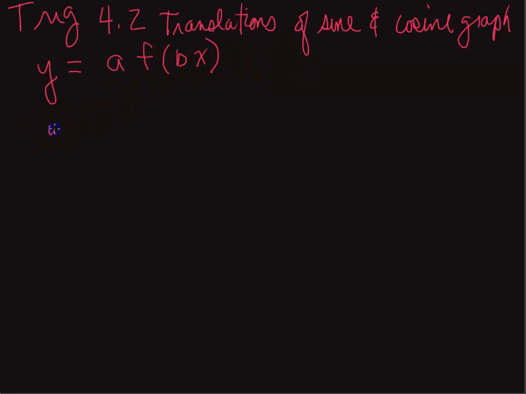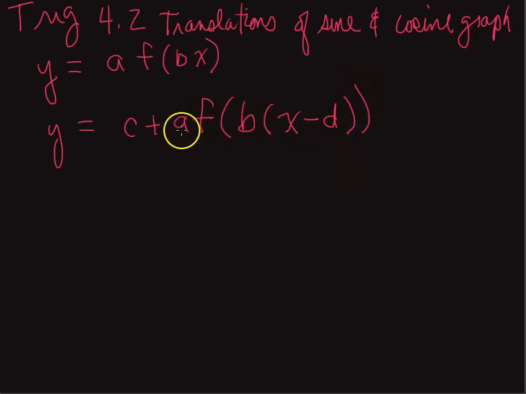Now we're going to look at translations, which I'm going to use C here for outside, and notice the extra parentheses, D on the inside. So let's assume that A is 1 and B is 1, so it really doesn't do anything. 1 times cosine, 1 times x.